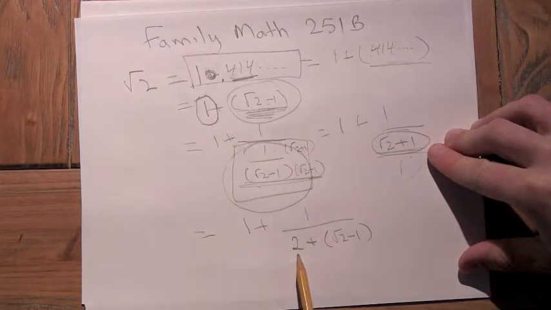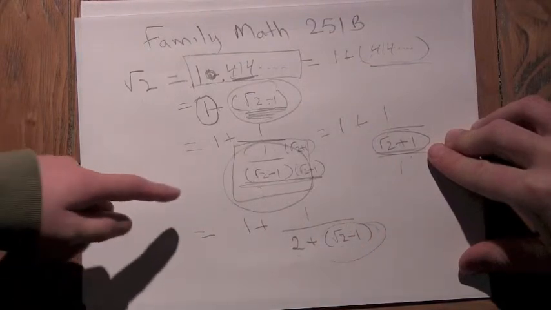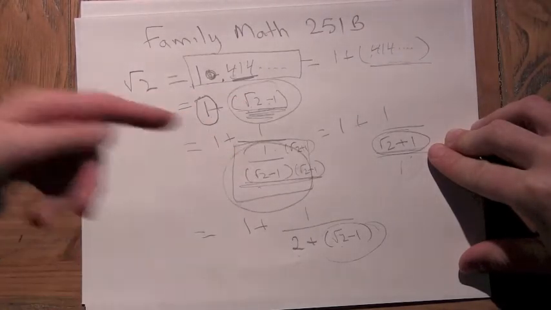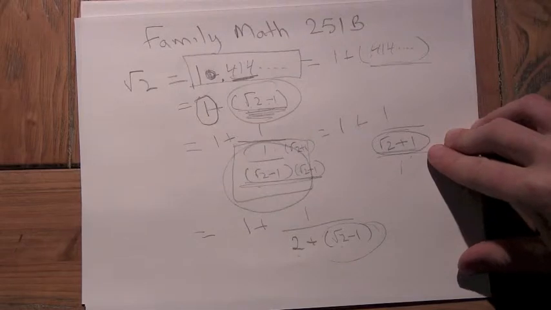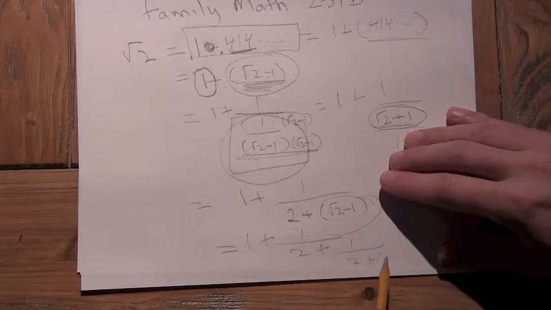But what happens when I do my flip and rat and then split again with the square root of 2 minus 1? You're going to get what we got here again. So now I get 1 plus 1 over 2 plus 1 over 2 plus the square root of 2 minus 1.